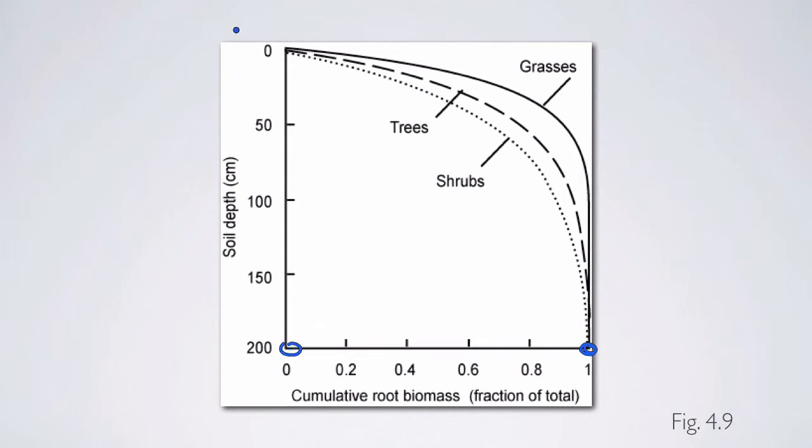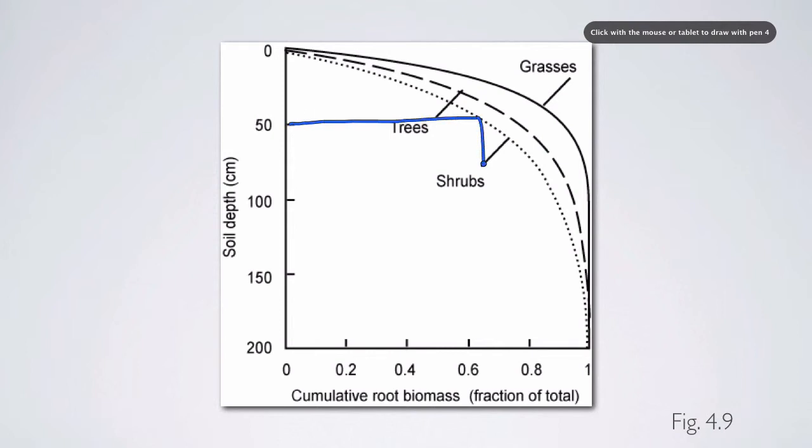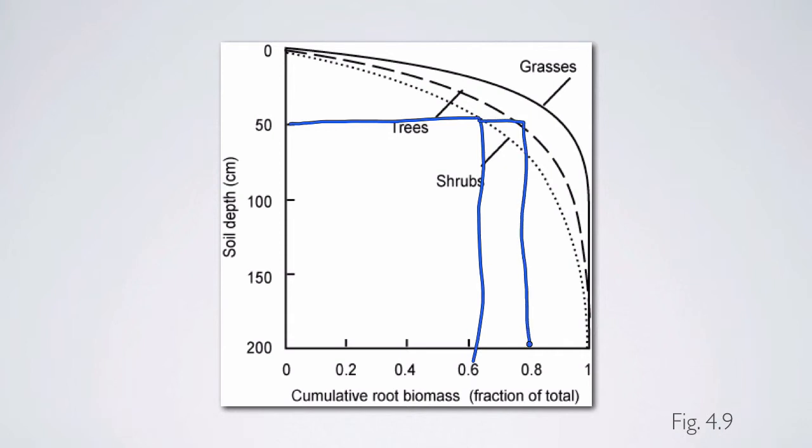And then you can look with soil depth here what the cumulative proportion of root biomass is found at 0, 50, or 100 centimeters, for example, for grasses, trees, and shrubs. So at 50 centimeters, for example, a typical shrub would only have 60% of its root biomass, while the typical tree might have 80%, and the typical grass 90%.